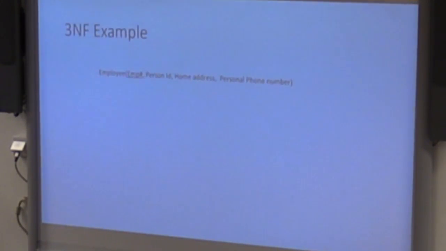So can we find something among the non-key attributes that has a dependency between them somehow? All depends on the person ID. Yeah.